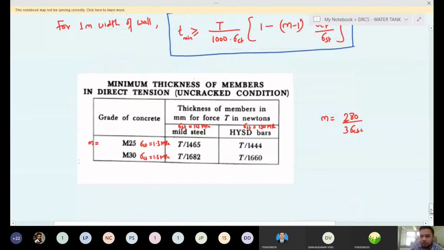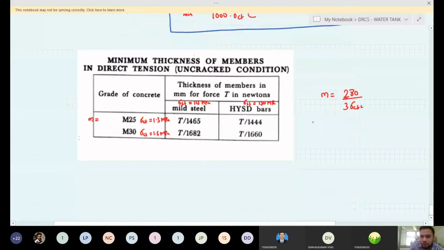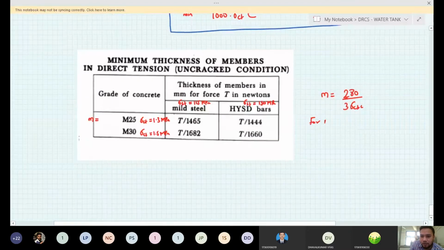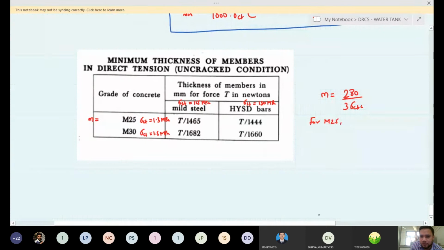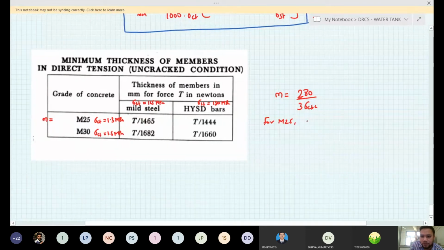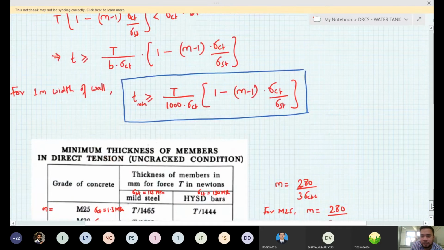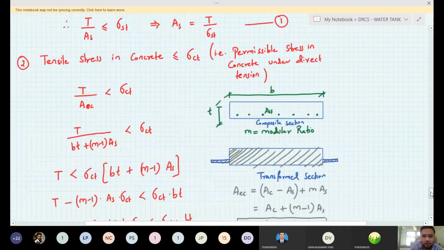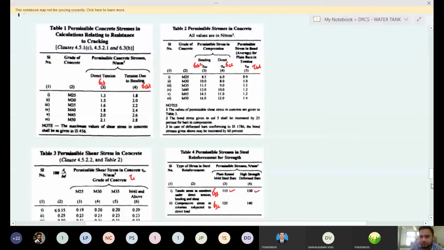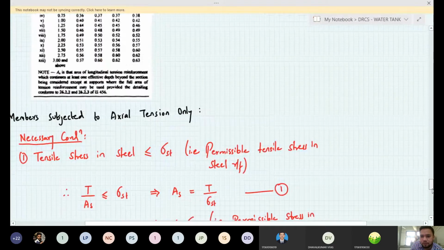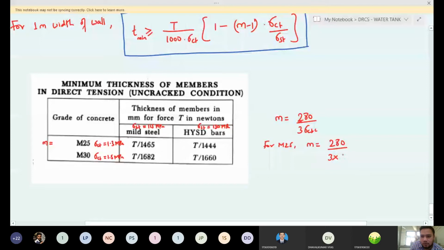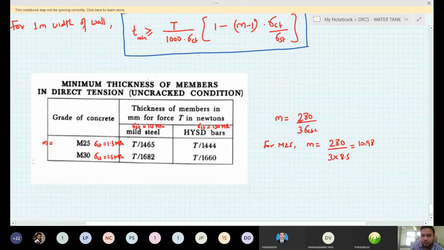So the modular ratio for M25 grade will be 280 divided by 3 into 8.5, that is 10.98.